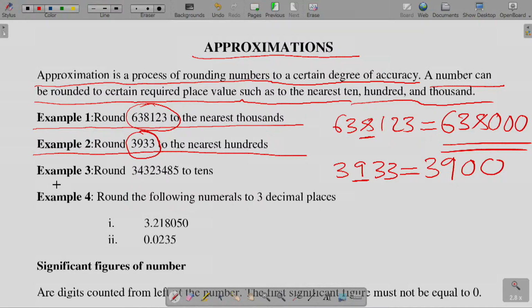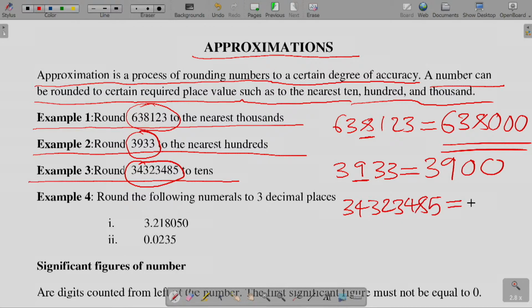Also, let's move to example number 3. We are required to round this number to the nearest tens. We have 34323,485. If you round this number to the nearest tens, the position for the place value of tens is this one.